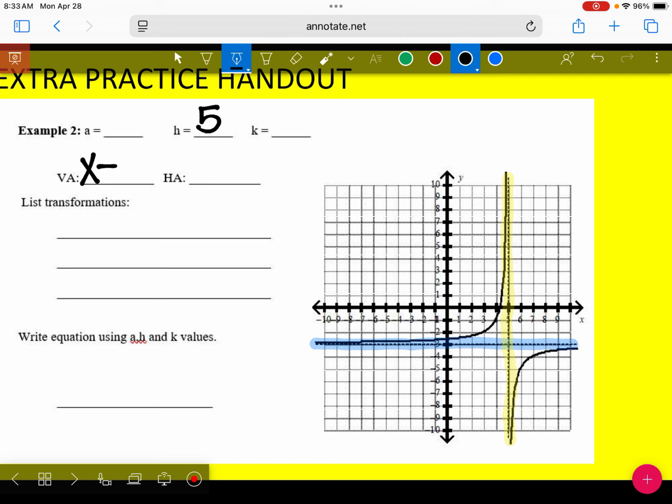Which means I have a vertical asymptote at x equals 5. And this graph moves to the right 5.